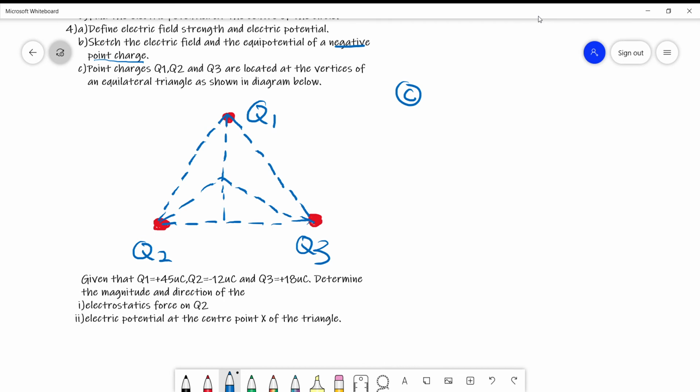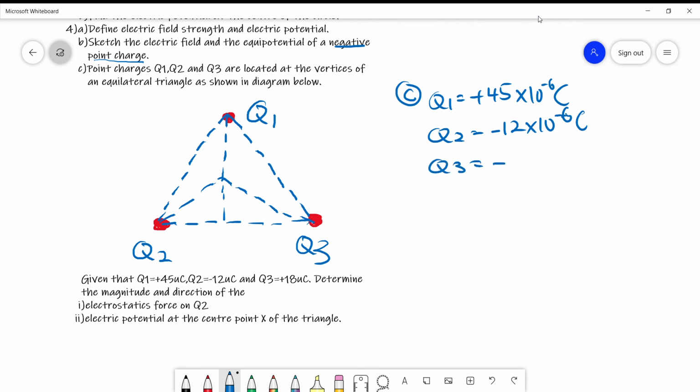Given that Q1 equals positive 45 microcoulomb, Q2 is negative 12 microcoulomb, and Q3 is positive 18 microcoulomb. So this is Q1, Q2, and Q3. Determine the magnitude and the direction of the electrostatic force on Q2.